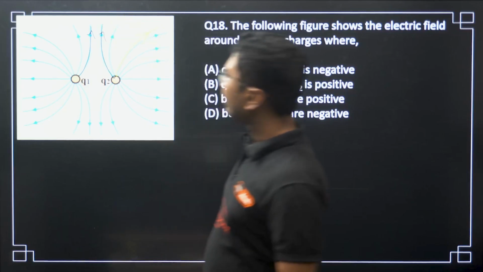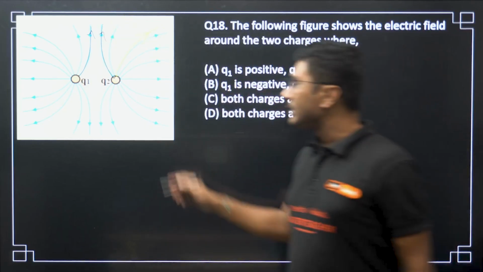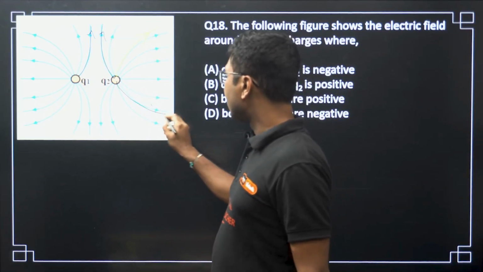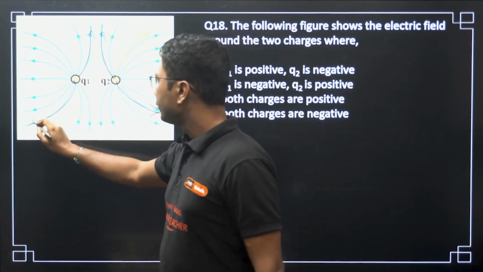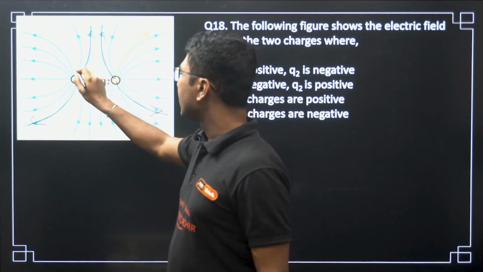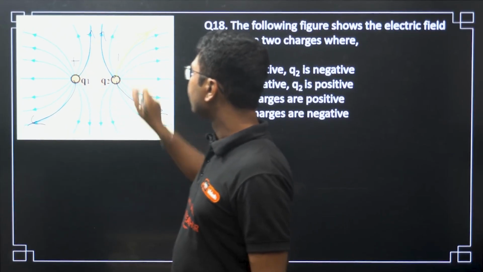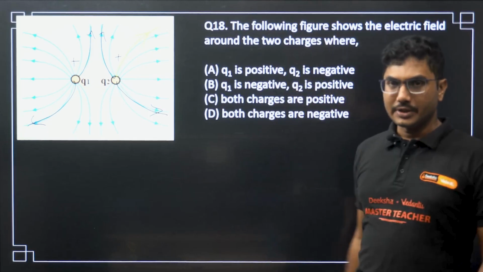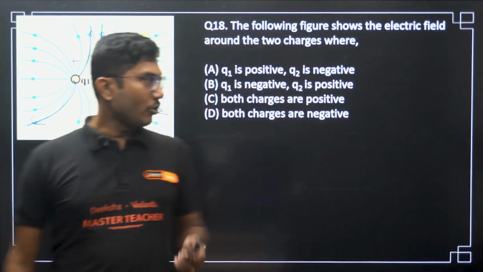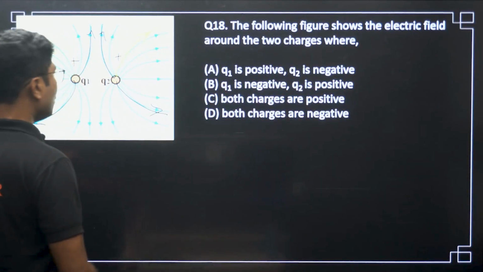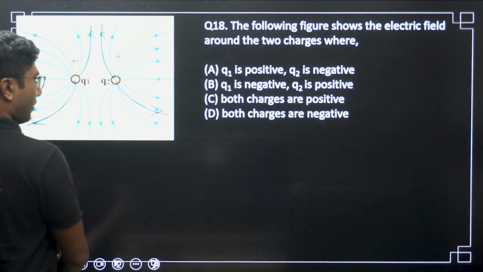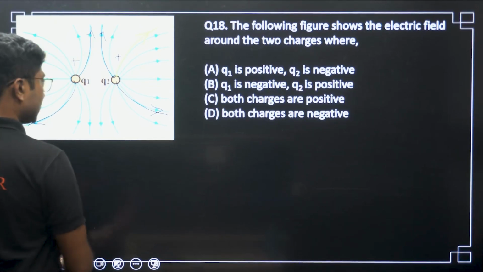So if the electric field lines are going out, that means what? The arrows are going out, so they must be positive charges. So this is a positive charge, this is also a positive charge. Both charges must be positive. So Q1, Q2 both are positive.